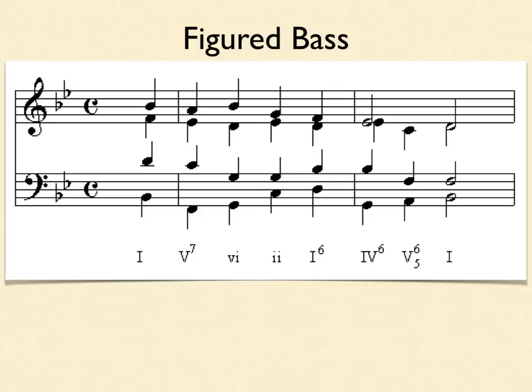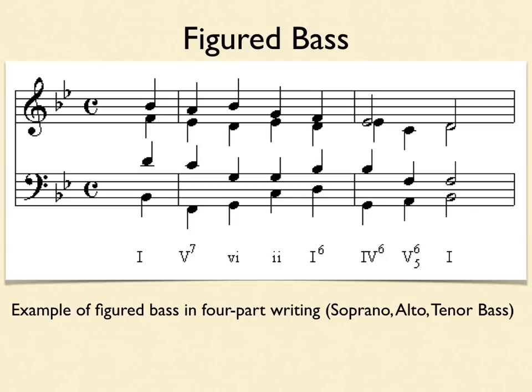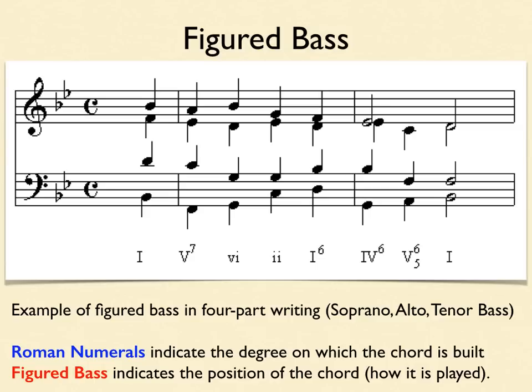Those are all examples of figured bass, and I'll go through and explain what they mean in the next slide, but it's just important to know that it's a great tool to use, especially when you're analysing 4-part writing with soprano, alto, tenor, and bass. So the Roman numerals indicate the degree on which the chord is built, but the figured bass indicates the position of the chord, in other words, how it's played.